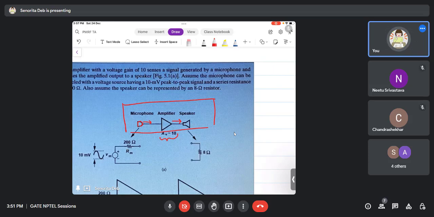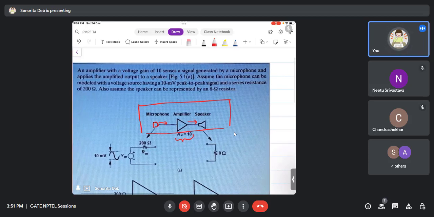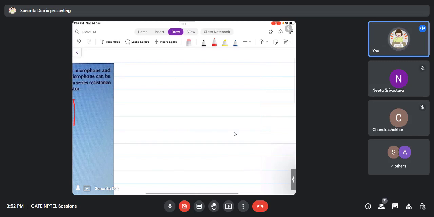Now it is saying that assume the microphone can be modeled with a voltage source having a 10 millivolt peak to peak signal. And a series resistance of 200 ohms is connected to it.